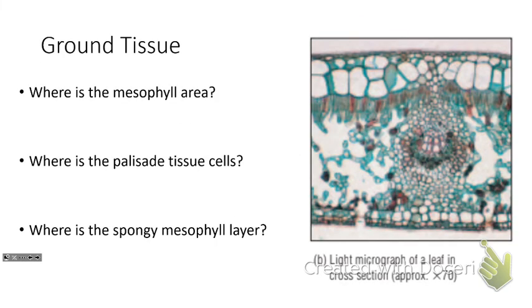But here is a light micrograph of a leaf, taken with a light microscope at approximately 70 times magnification. So the question is, where is the mesophyll area? Where are the palisade tissue cells? And where is the spongy mesophyll layer? Talk to your peer about it.